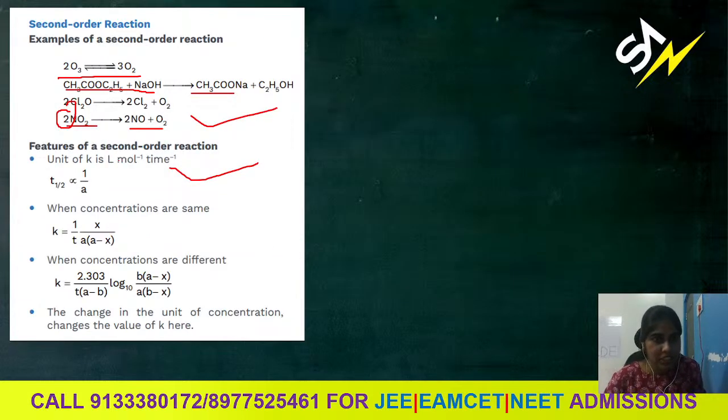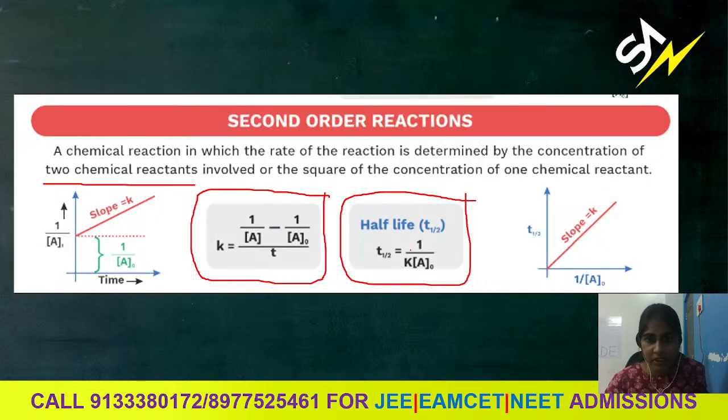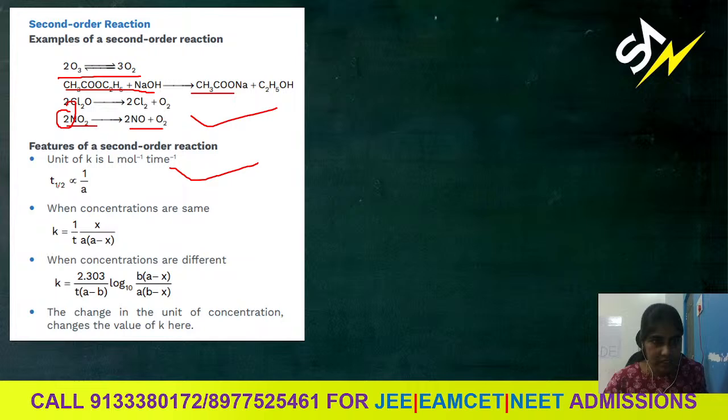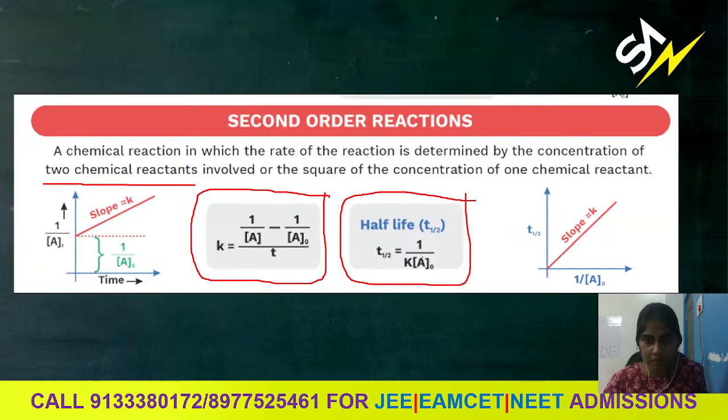So the unit is liter mole inverse time inverse. And the unit for half-life: T half is equal to 1 by K times the concentration term. The units will be the inverse of this initial concentration term.